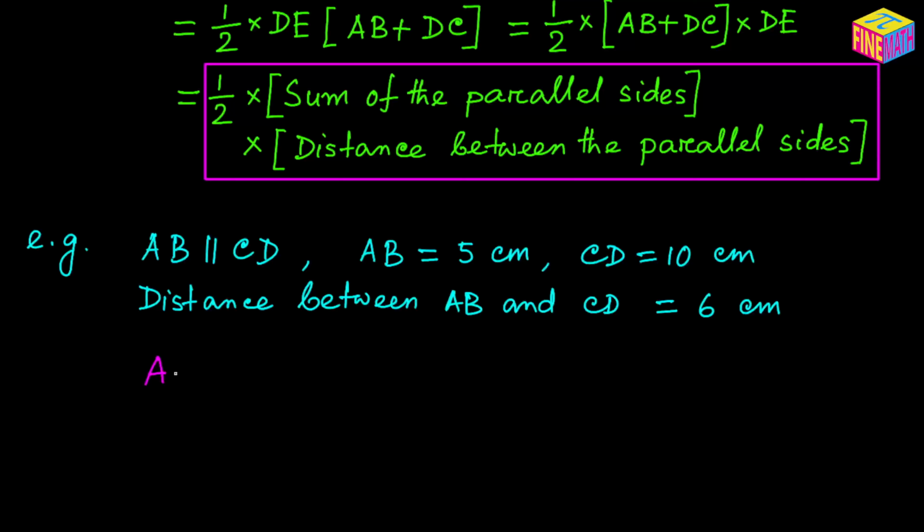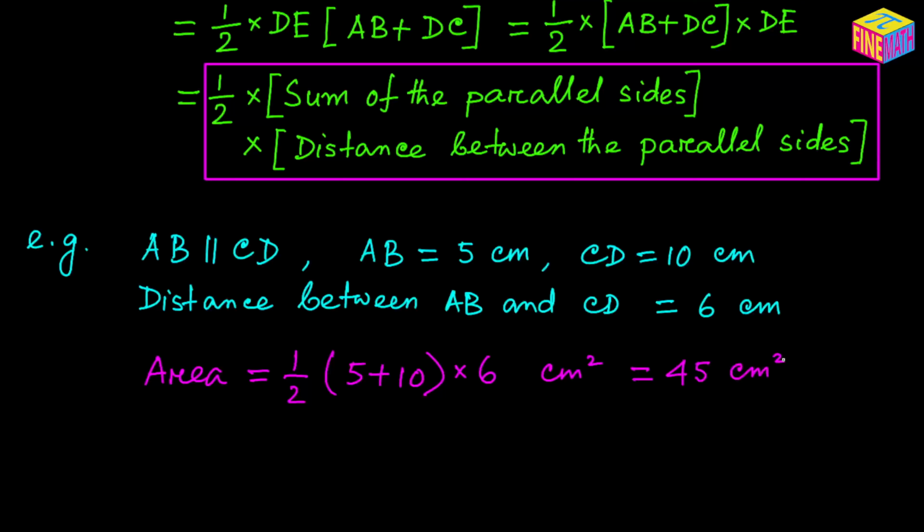Area is equal to half times the sum of the parallel sides, 5 plus 10, multiplied by the distance between the parallel sides, that is 6. Since this is area, it would be in square centimeters. That is 10 plus 5, 15, 15 times 6 is 90, and half of that is 45. So the area of this trapezoid is 45 square centimeters.